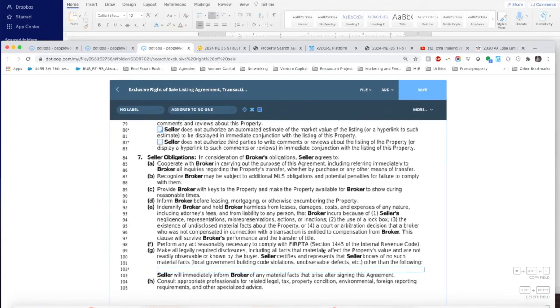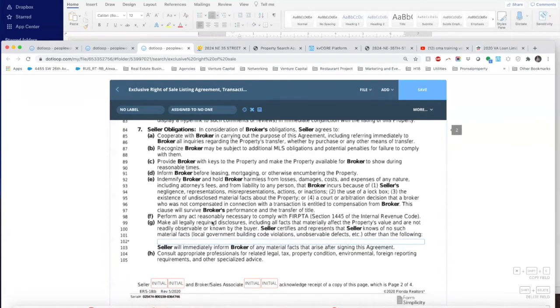So this basically protects us as brokers and agents from some negligence. It doesn't mean that you can go and put on a lockbox, then leave it open or something like that. It's here, but again, you need to be very diligent in every action you take.